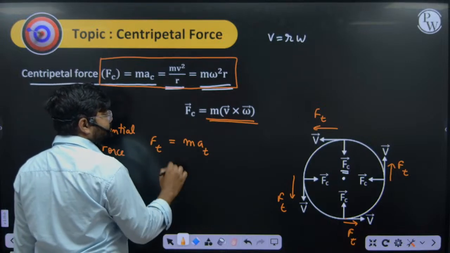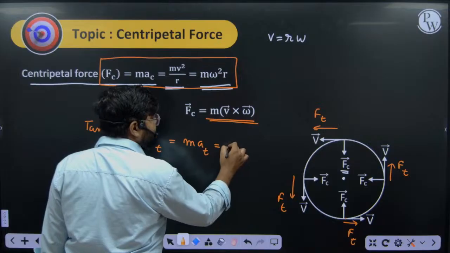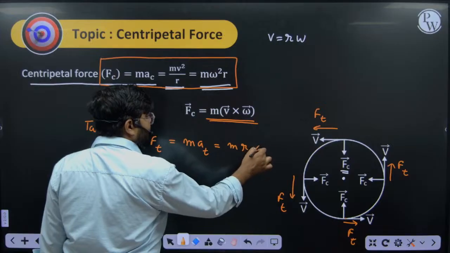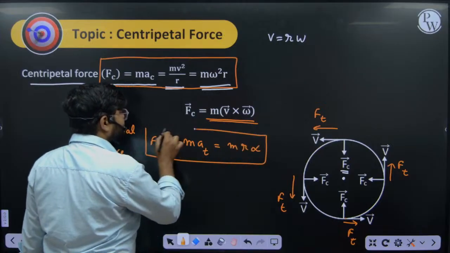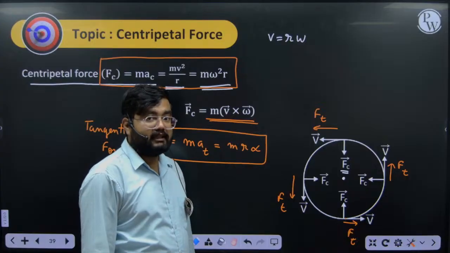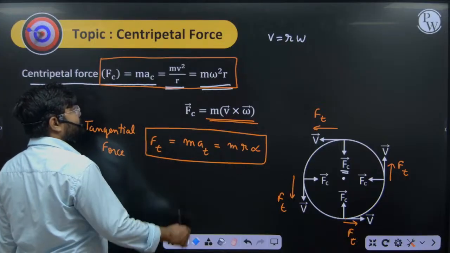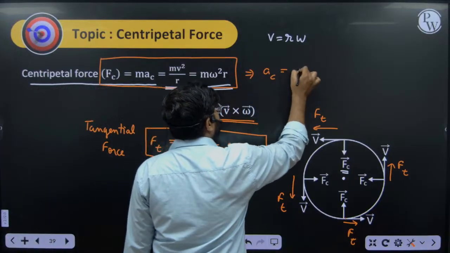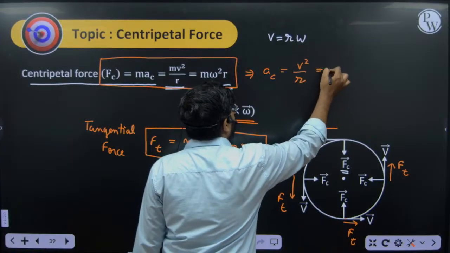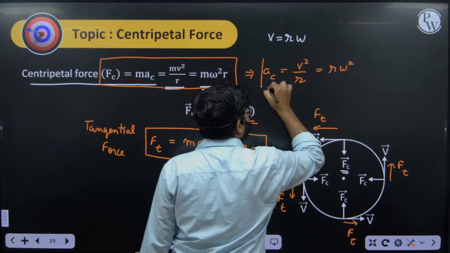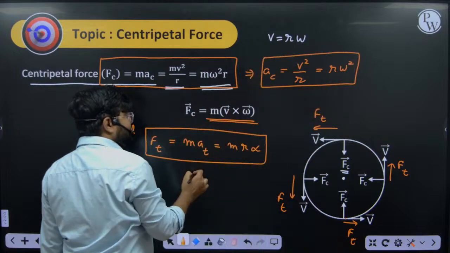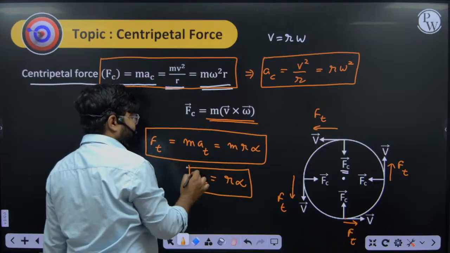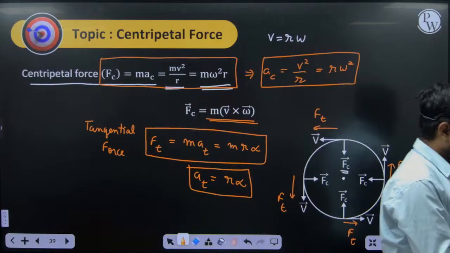And this is equal to m r alpha. What is r? The radius of the circle. What is alpha? Angular acceleration. So centripetal acceleration is simply v square by r, or r omega square. And tangential acceleration is simply r alpha.